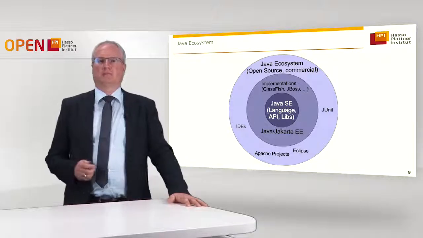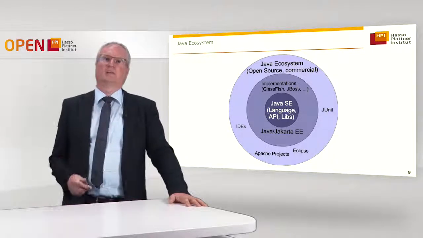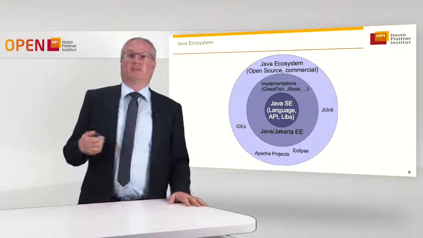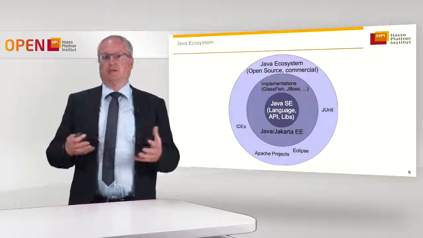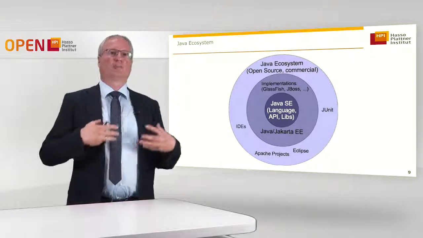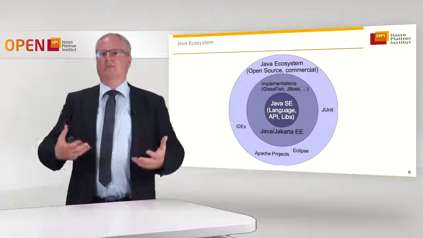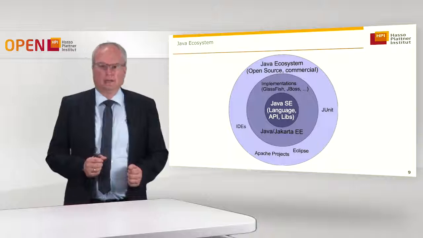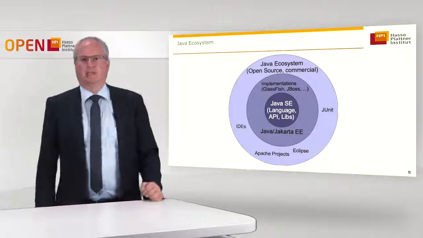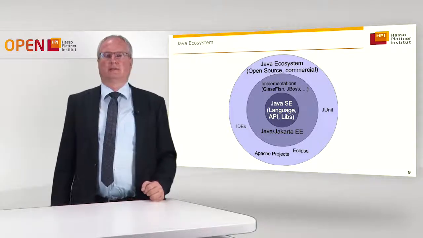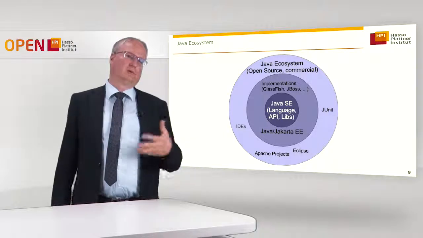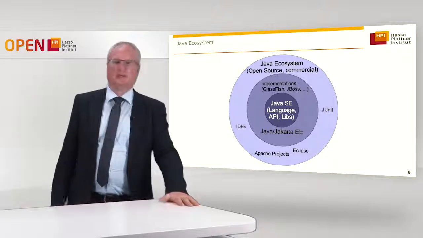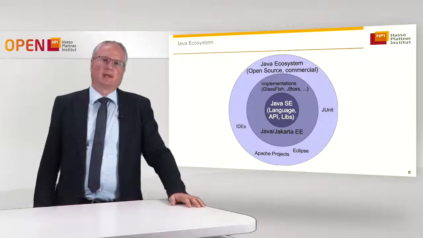So there are many different implementations that are all Jakarta or Java EE compliant, commercial ones and open source ones. There's the JBoss or WildFly server, which is a free open source implementation, but there are also commercial implementations, like for example IBM WebSphere or Liberty for z/OS. So nowadays the new Jakarta EE server by IBM is Liberty, which is available in an open version for all platforms called Open Liberty, and there is also Liberty for z/OS, which is a licensed product.